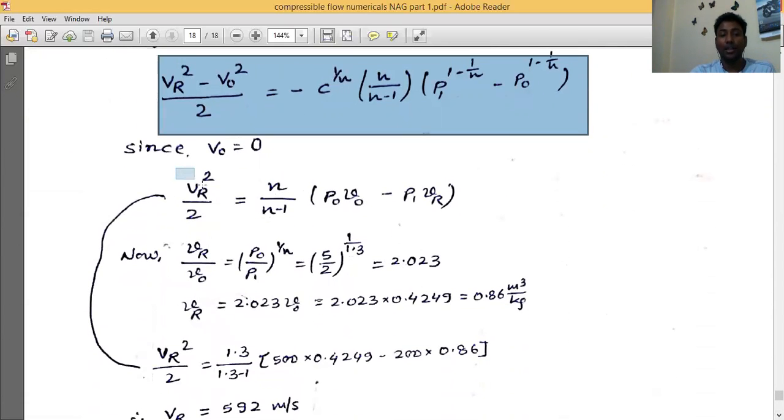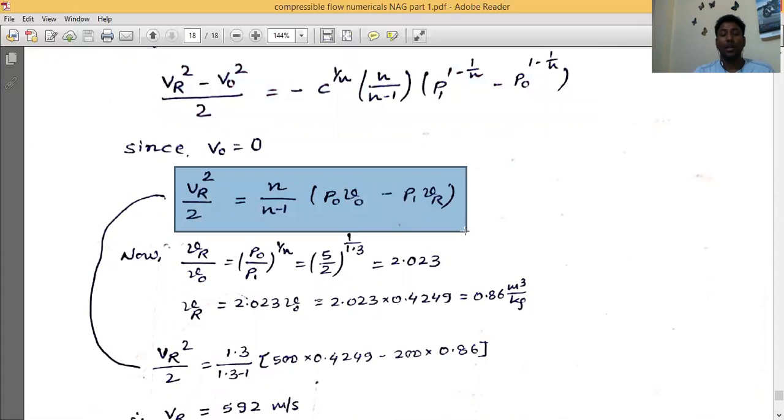Then we will get an expression for the velocity at the exit of the nozzle for the supersaturation flow, as Vr square upon 2 n upon n minus 1 (P naught v naught minus P1 Vr). Here you should give attention: this is the specific volume at the exit state corresponding to the supersaturation. This can be determined using the relationship PV to the power 1.3.